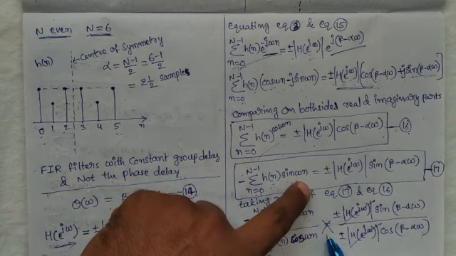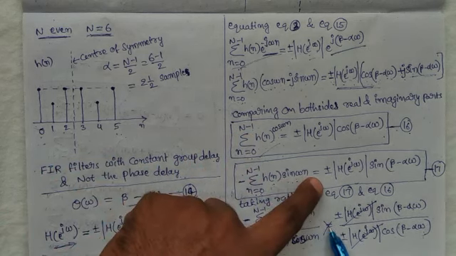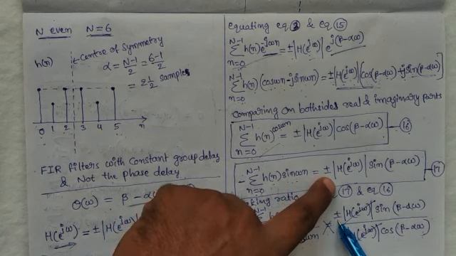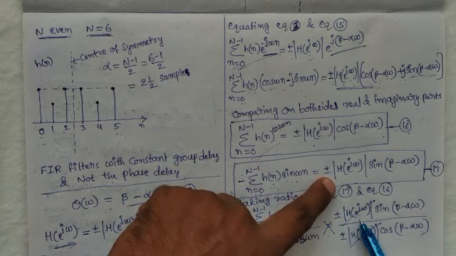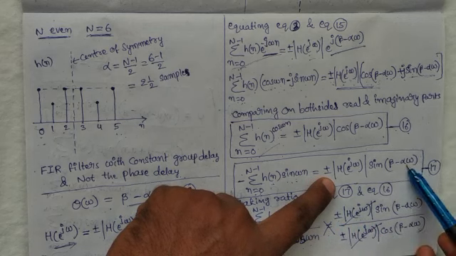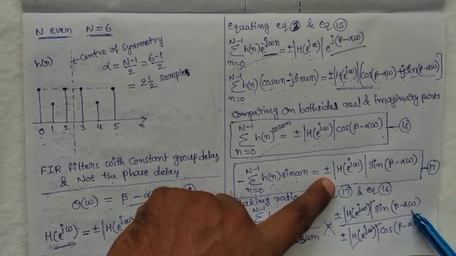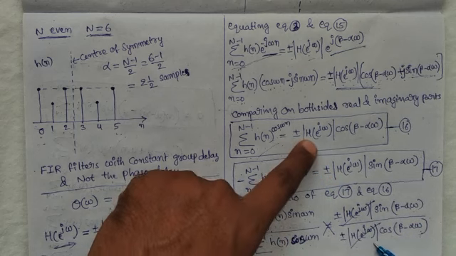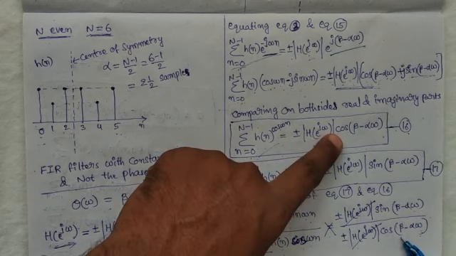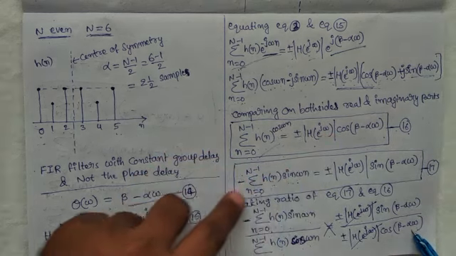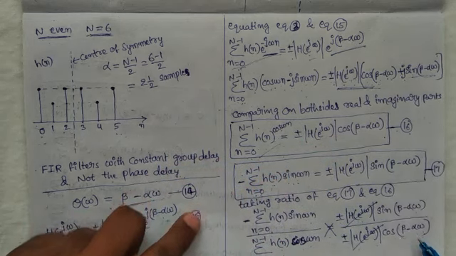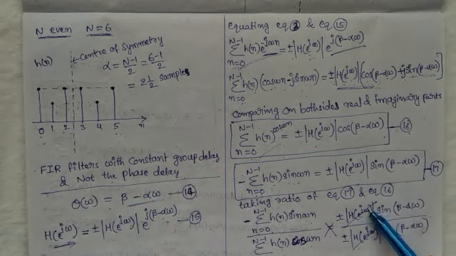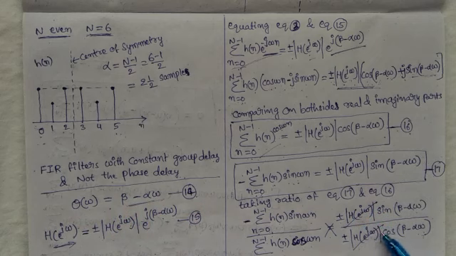On the right hand side we observe plus or minus mod H of e power j omega into sin of beta minus alpha omega by plus or minus mod H of e power j omega into cos of beta minus alpha omega. Here plus or minus mod H of e power j omega cancels.